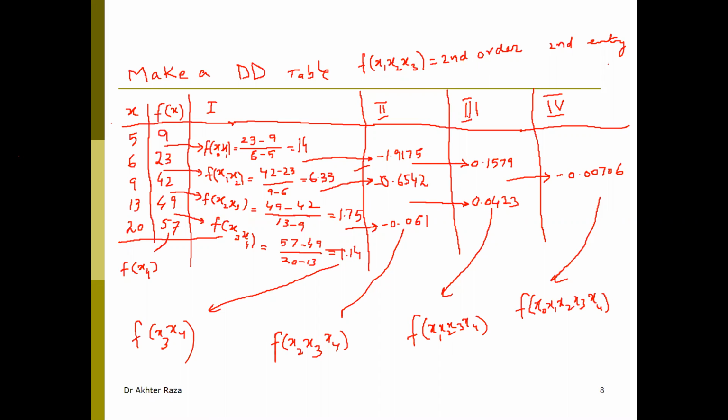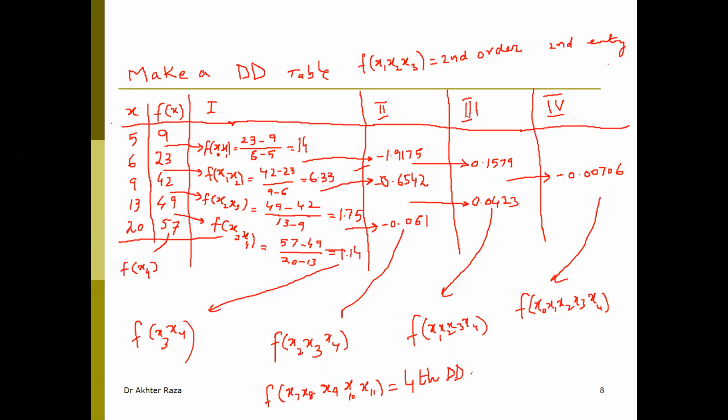Suppose I have one entry here, f[x7, x8, x9, x10, x11]. How many arguments are there? Counting 1, 2, 3, 4, 5, so this is the fourth order divided difference.